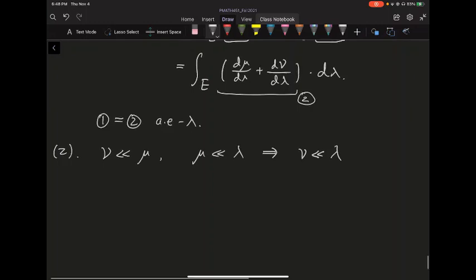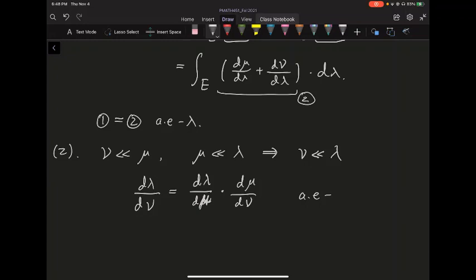And moreover, you can have some kind of change of variable formula again. So you do the d nu over d mu here, and then the d mu over d lambda, and they are going to be the same almost everywhere lambda.